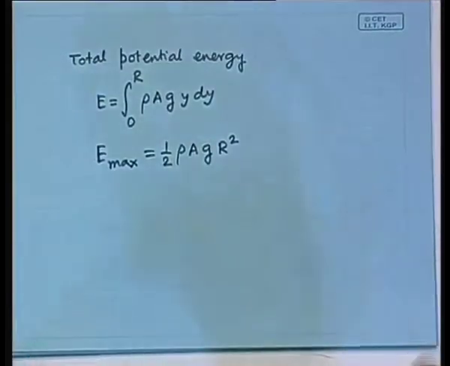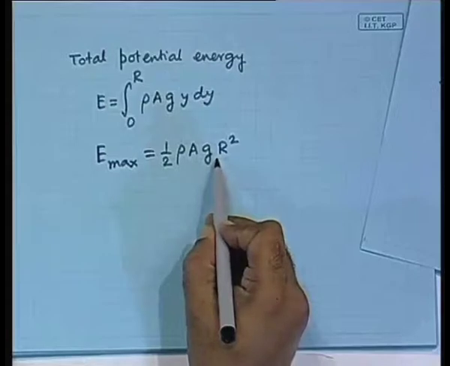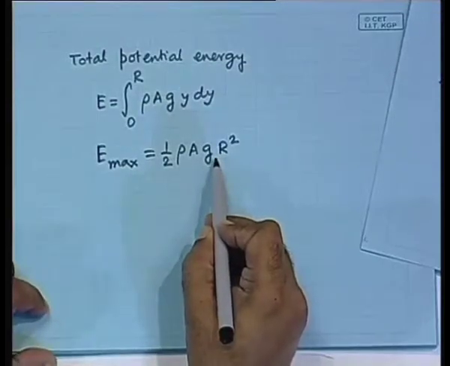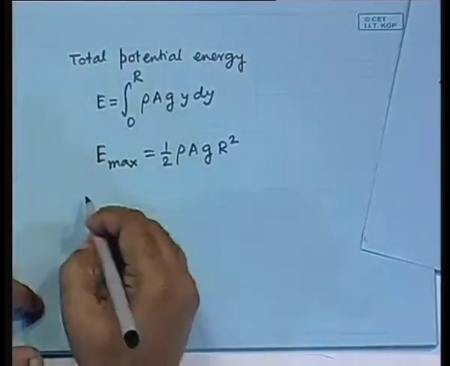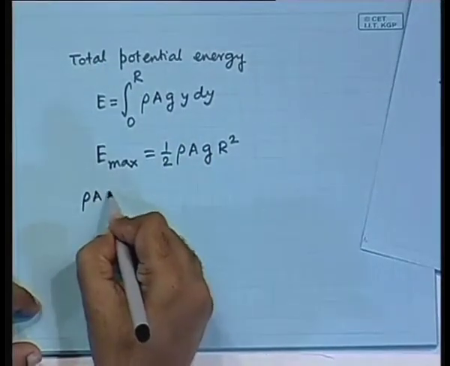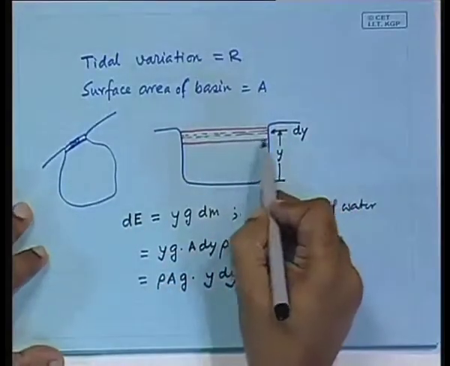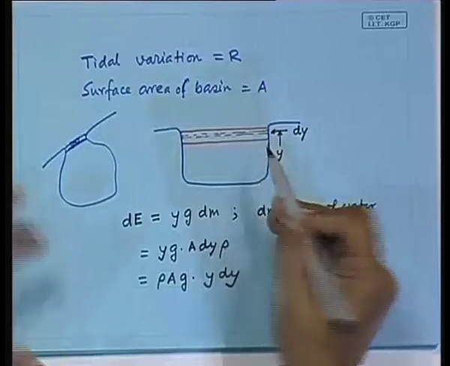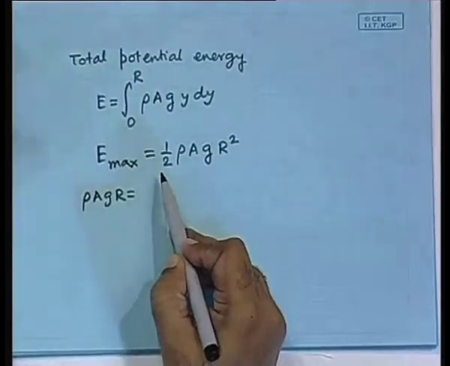Now, you might notice what is rho A g times R? Rho A g R is the mass of water in this height R. So, the mass times R, the actual amount of energy available is half that.